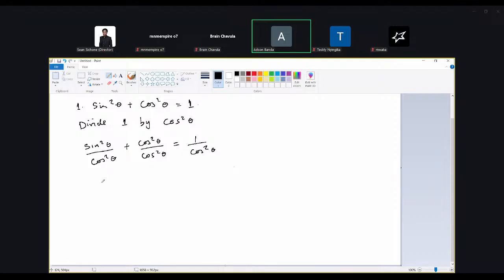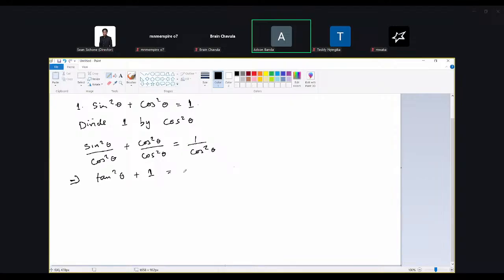In this case, we know sine over cos is the same as the tangent. So this is the tangent squared of theta, and cos squared theta divided by cos squared theta is equal to 1. And then 1 over cos, this is a secondary trigonometric function.